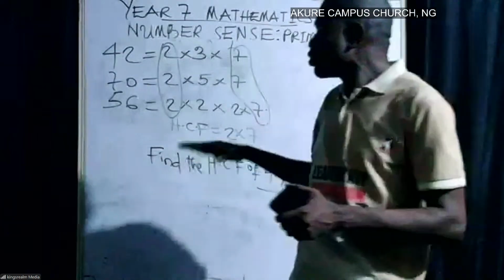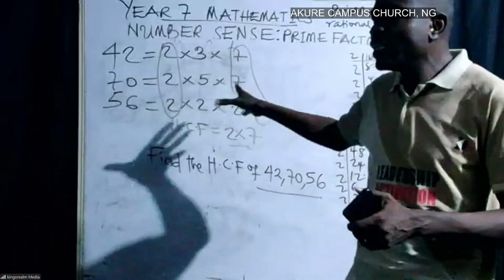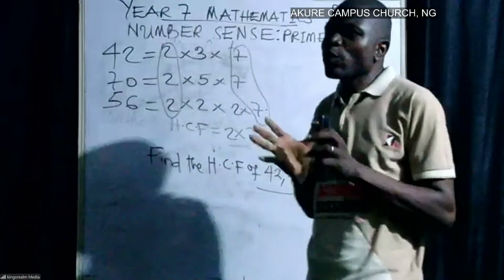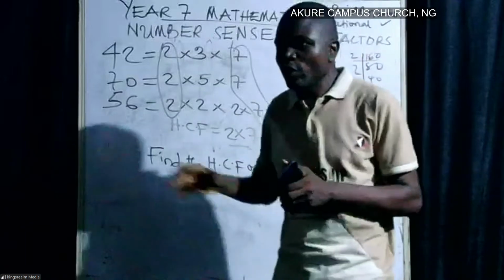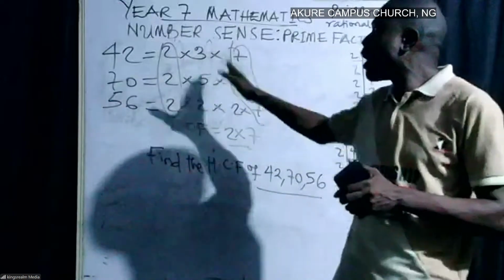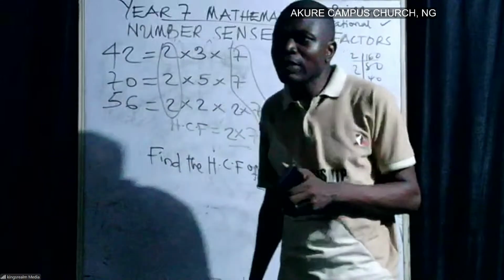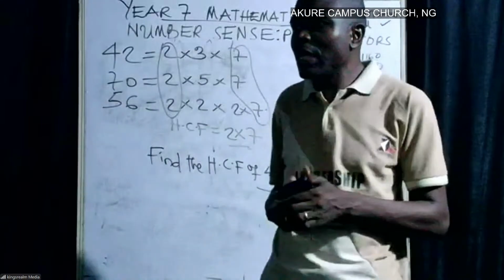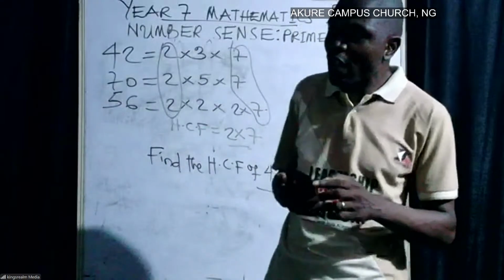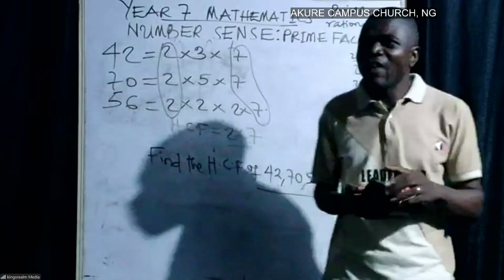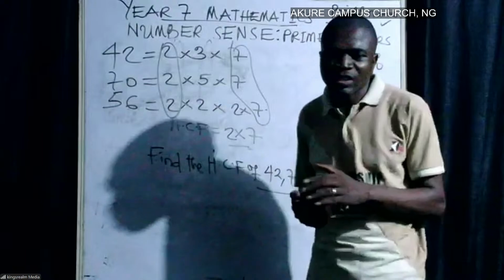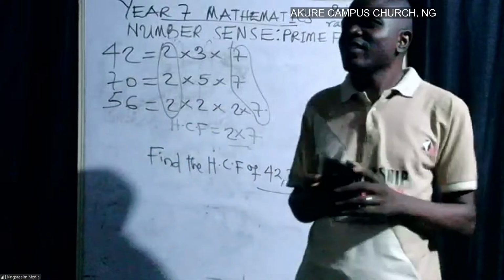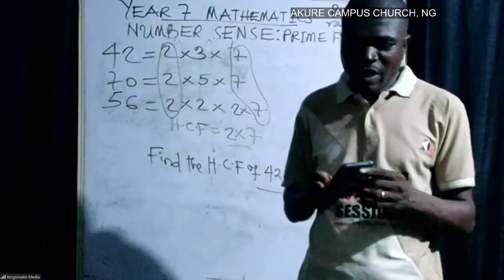Later on, I told you the way we have been doing the HCF with numbers, later on we will take it with algebra, which is the use of letters. So if you understand it very well with numbers, how to break it down with numbers, it will be easier with letters. So take note of that. And have a good night's rest, and make sure you do your assignments. Bye. Goodbye. God bless you.